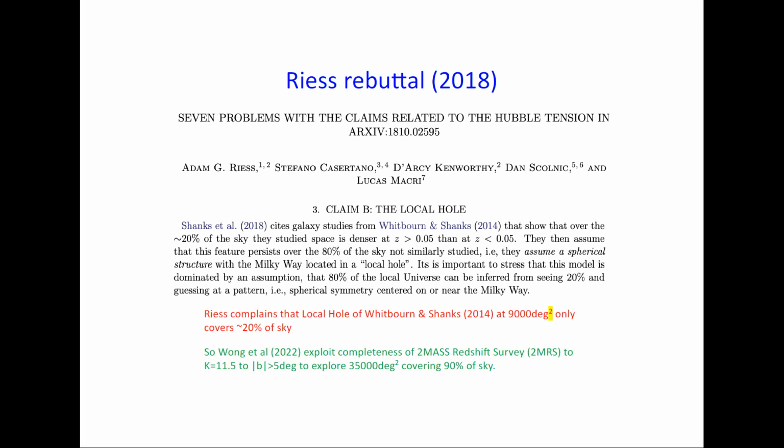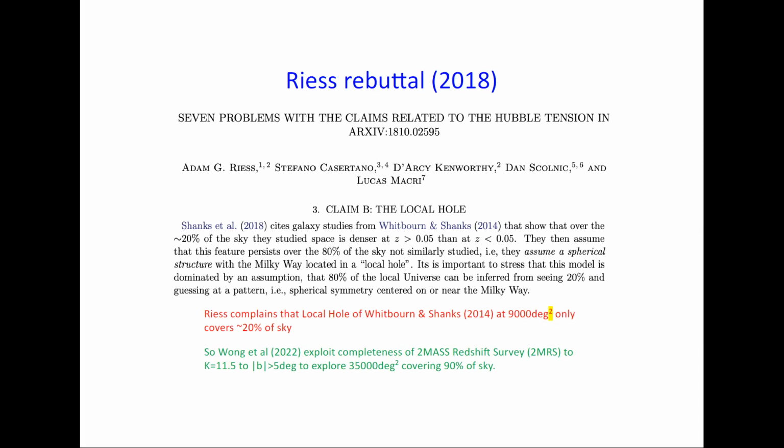And so you get a too high Hubble constant, like 73 rather than 70 or 71, if you take this local hole into account. But Adam pointed out that we had only done 3 times 3,000 square degrees, 9,000 square degrees, and the whole sky is 35,000 square degrees, say. And so it was unfair that we'd based our dynamical estimate of how much extra expansion you got from this local underdensity as if it were applied to the whole sky.